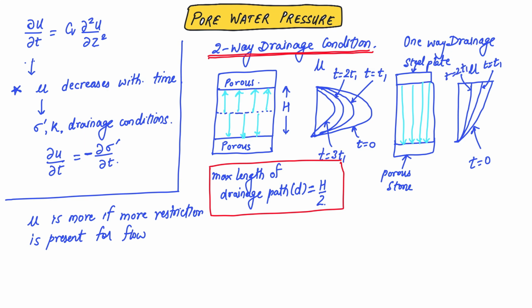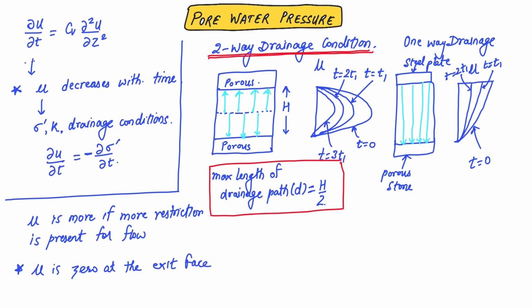So obviously, we can say here that the pore water pressure is decreasing with time, the variation is parabolic, the value of pore water pressure is maximum at the most restricted plane, and the pore water pressure is zero at the exit face. So these are important points that you should remember.